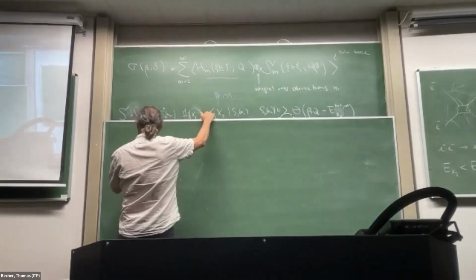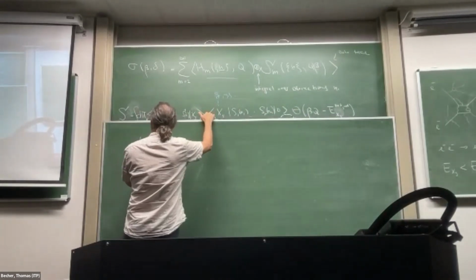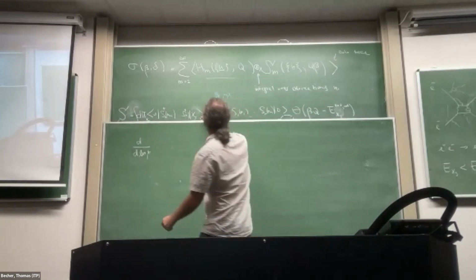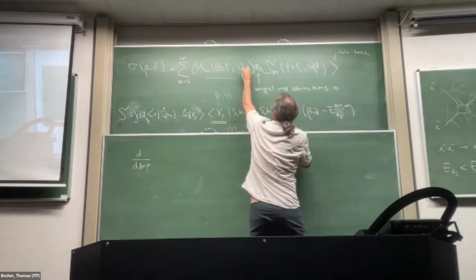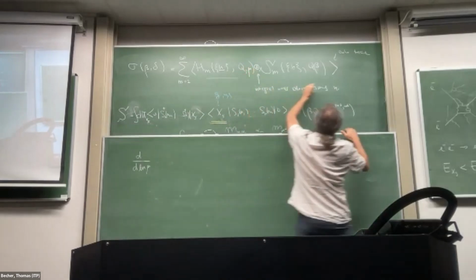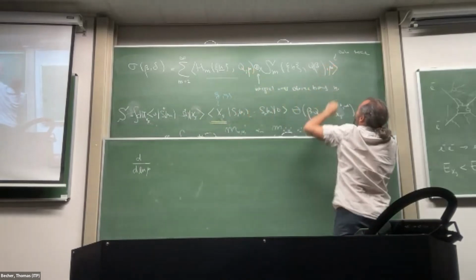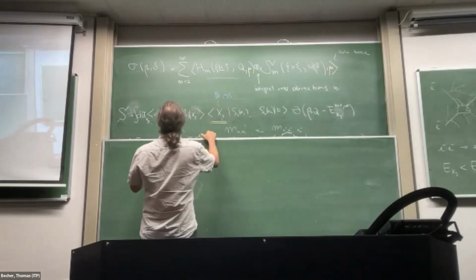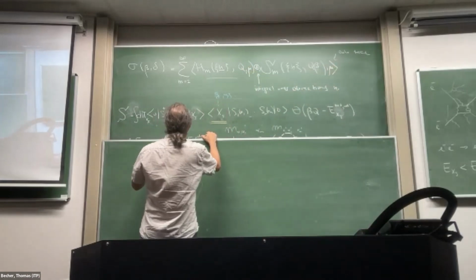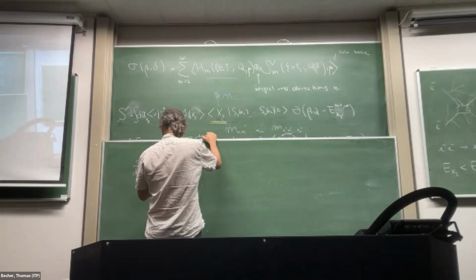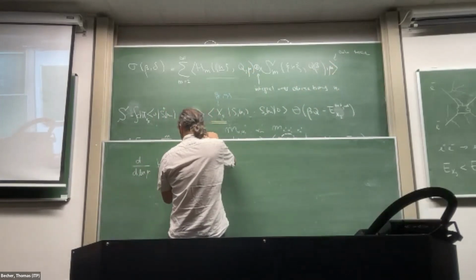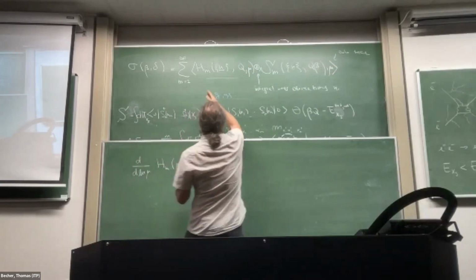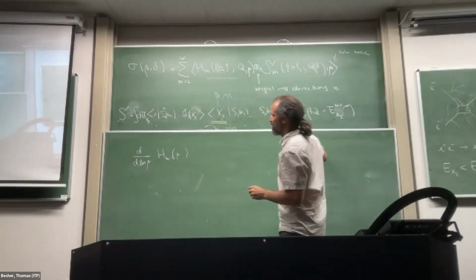We already know the equation d/d log mu of the Wilson coefficients. So there will be divergences, so we renormalize these. And then we do d/d log mu of these hard functions H_m. Write all the arguments.